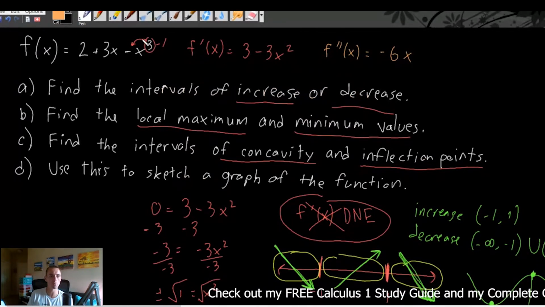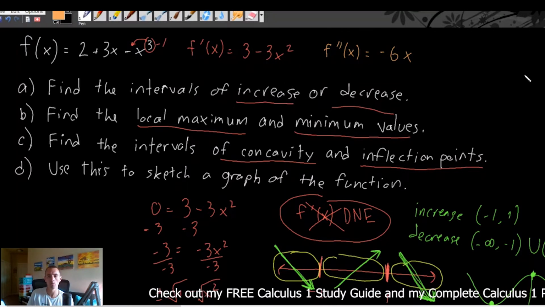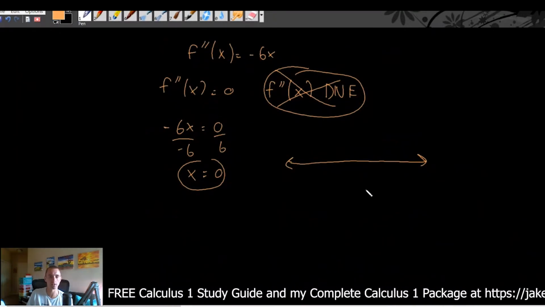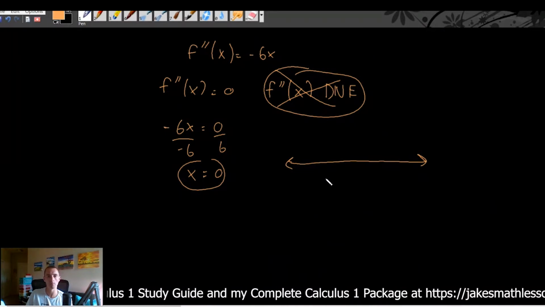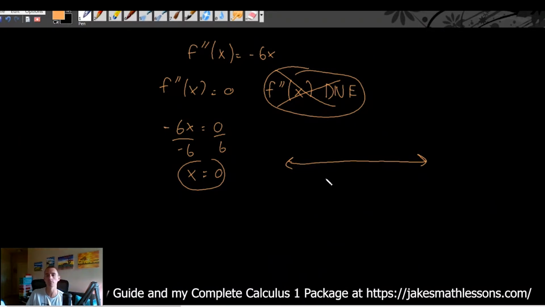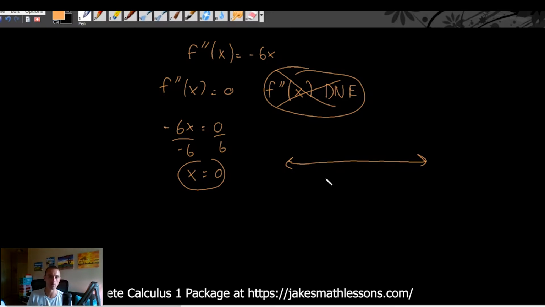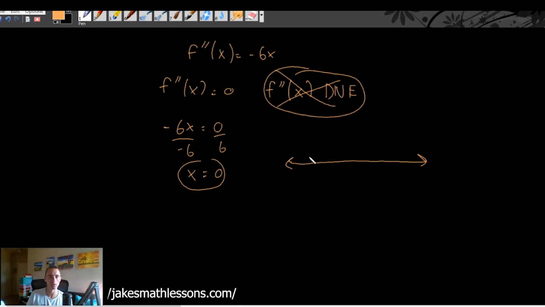If we had a limited domain on this f of x, we wouldn't want to use all numbers. We would want to cross off whatever sections of our domain are not going to work. In other words, we only want to look at the x values that are a part of the domain of our original function f of x. In this case, that is all real numbers. So our number line is going to be from negative infinity to positive infinity.